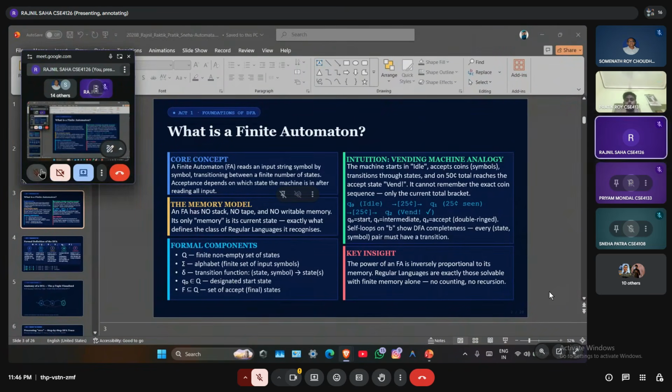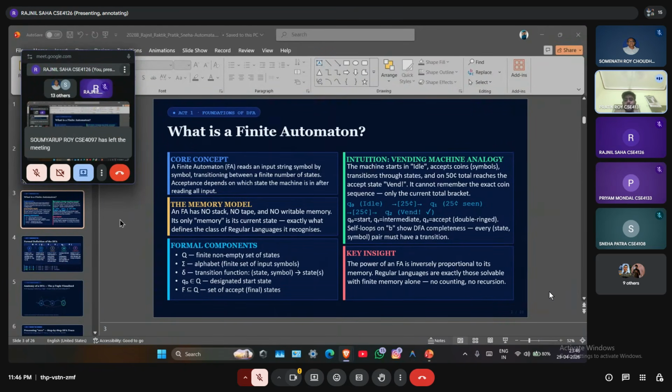So today we are going to present our topic Automata Theory, NFA and DFA. This presentation covers the fundamentals of finite automata, differences between DFA and NFA, and their conversions and real-world applications. So now, what is finite automata?